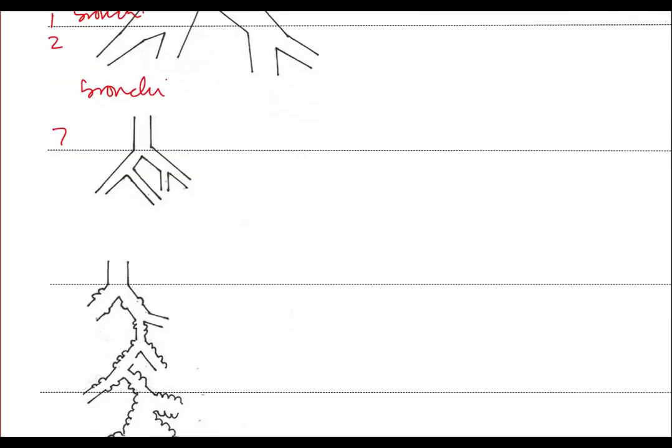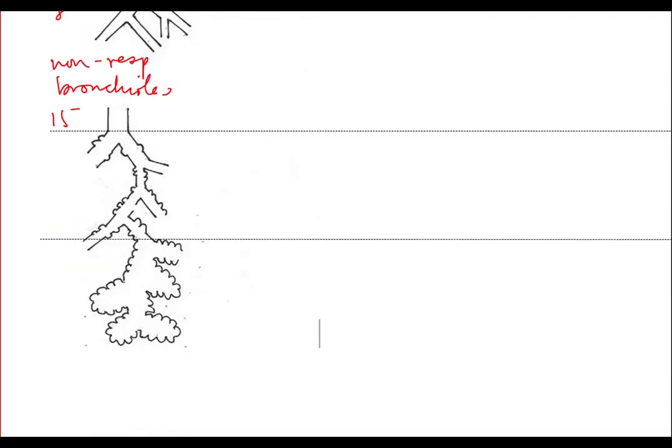We then come down to our non-respiratory bronchioles, and those are going to be divisions about 8 through 15. We then get down to our terminal respiratory unit, and that breaks into our respiratory bronchioles and our alveolar ducts and alveolar cells. And this is divisions then 16 through about 23.